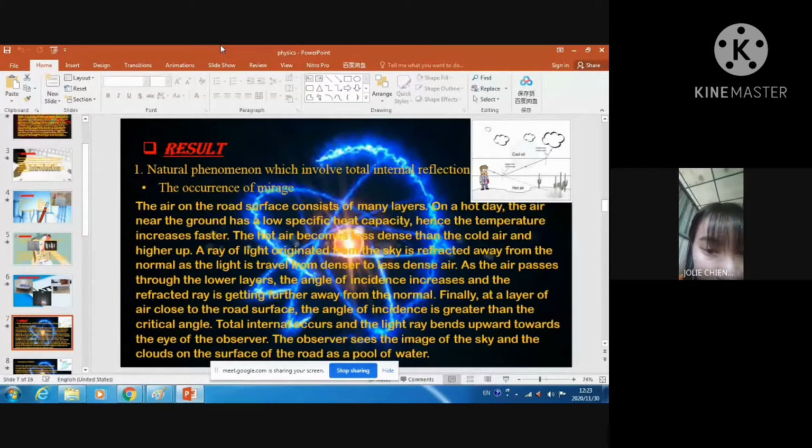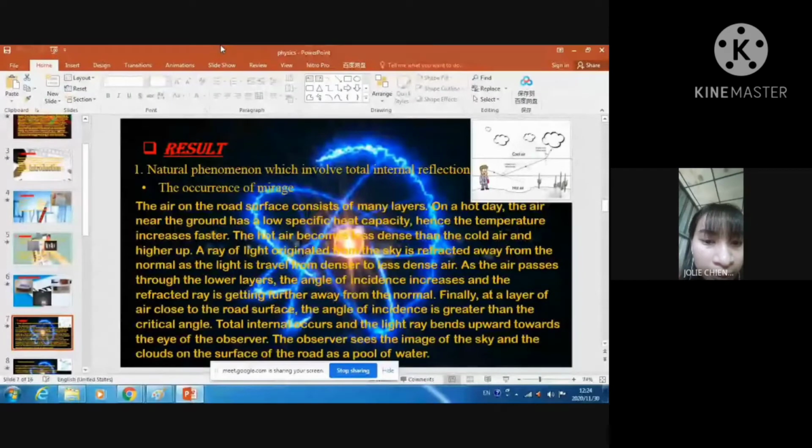A ray of light originating from the sky is refracted away from the normal as the light travels from denser to less dense air. As the light passes through the lower layers, the angle of incidence increases and the refracted ray gets further away from the normal.